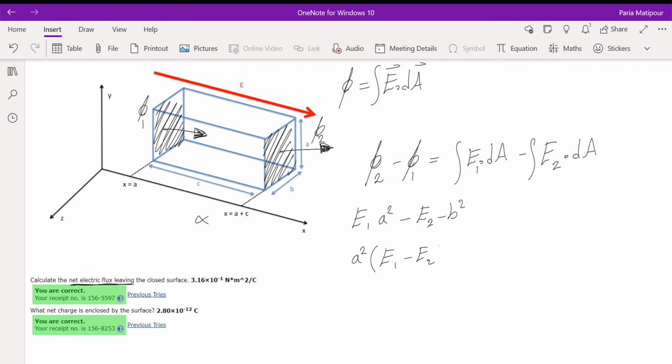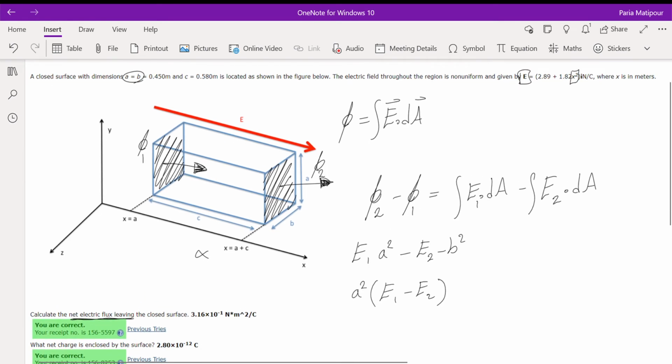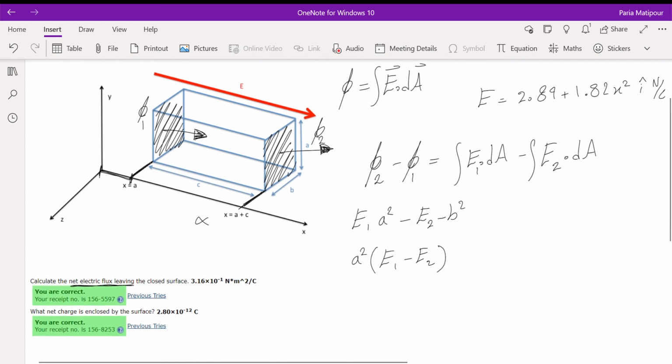Okay, so what is our E1? Here we know how to calculate E. E is actually (2.89 plus 1.82 x squared) i hat newtons per coulomb. For E1, x is equal to a, because E1 is at this position. For E2, x is equal to a plus c. So I'm just going to plug everything in.